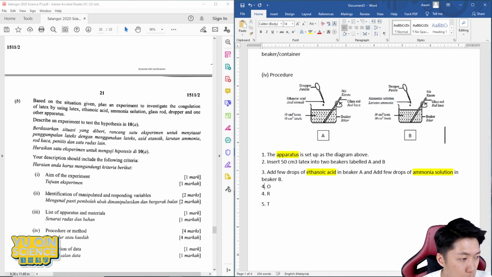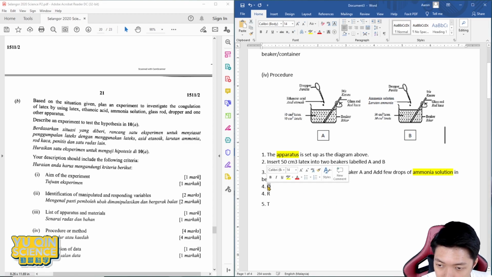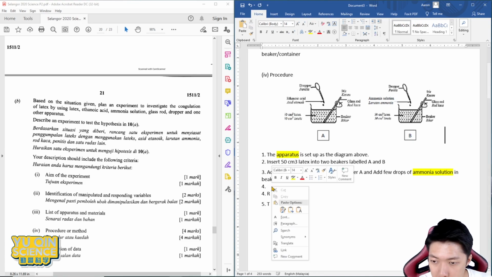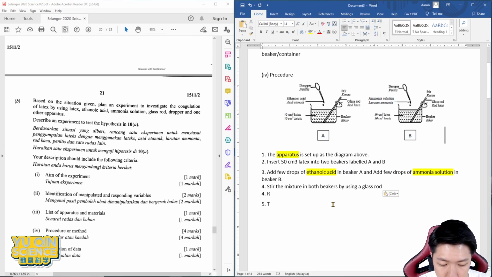So number 4, you want to talk about your observation. Yeah, observation. So you can say like, oh, then I stir the latex and I will see how it goes.